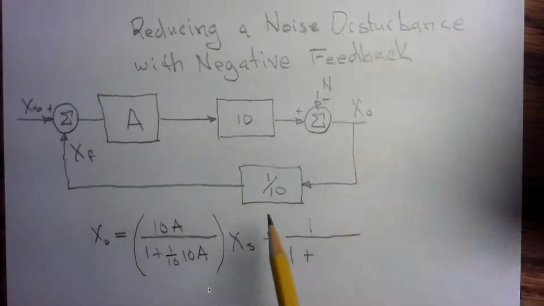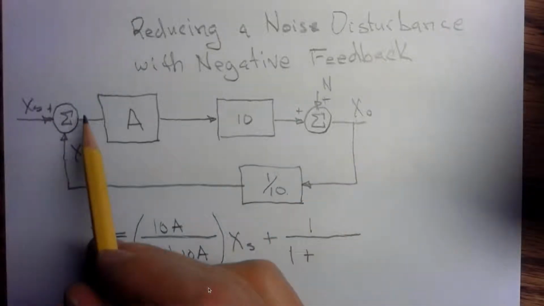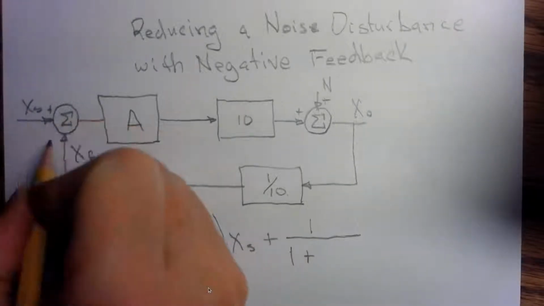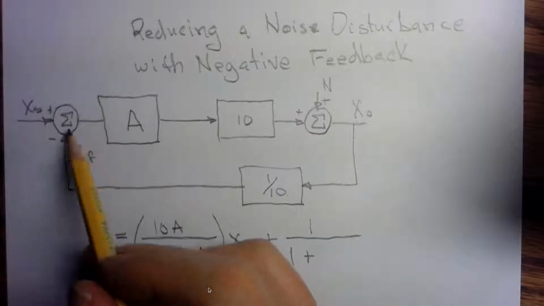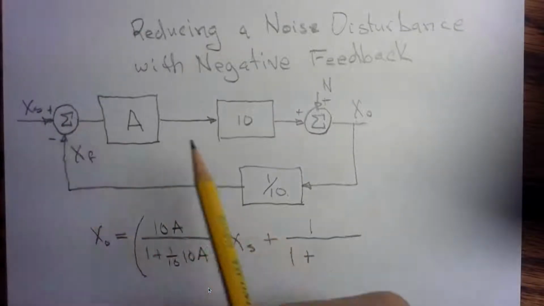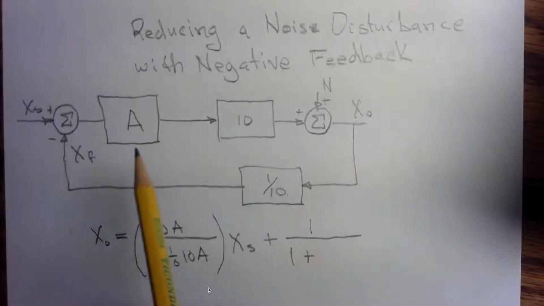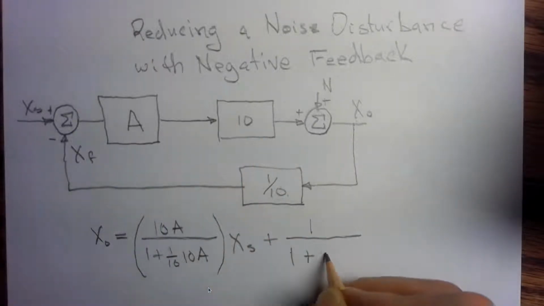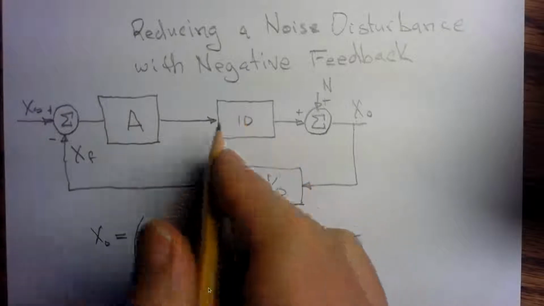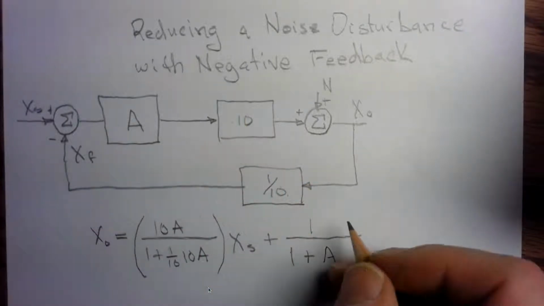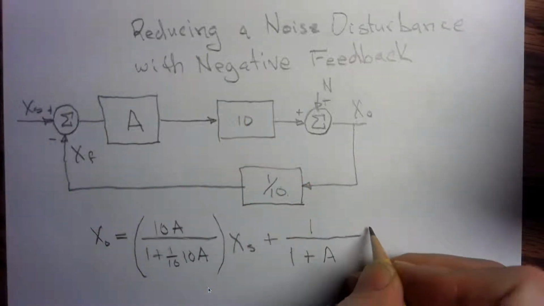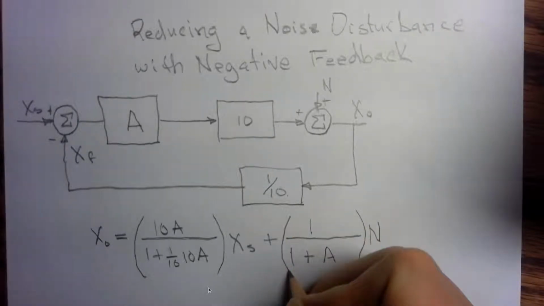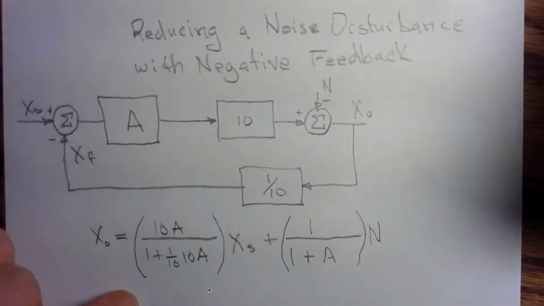The beta this time is 1/10 times, this guy is 0, so the sum doesn't do anything, and by the way, this needs to be negative. So we have basically the beta is this guy times that guy times that guy, which gives me an A, because 1/10 times 10 is 1 times A. And then I have to multiply that by the N.